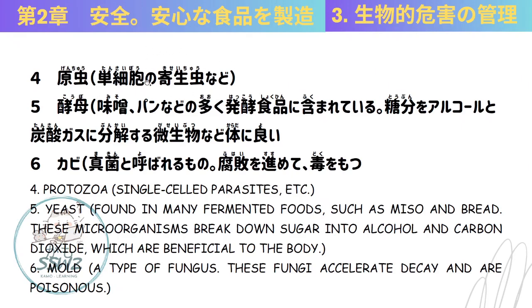It is a single-celled parasite. Next, Kobo, yeast. You know yeast in making bread and miso, right? So it is contained in many fermented foods such as miso and bread.